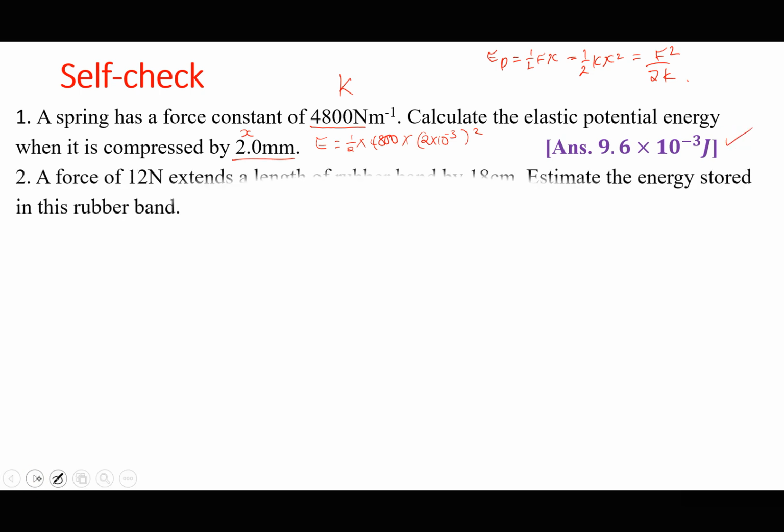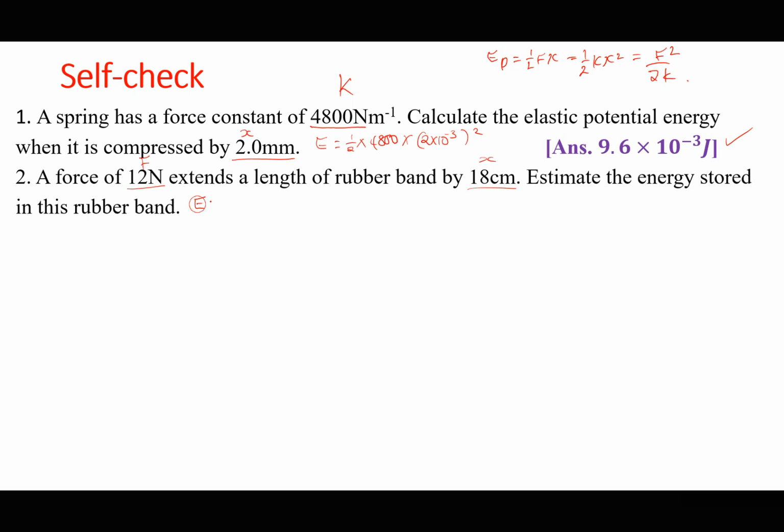Number 2, a force of 12 newtons, so this is F, extends the length of a rubber band by 18 centimeters, so this is going to be extension X. Estimate the energy stored in this band. Because we have F and X, we shall use a half Fx.